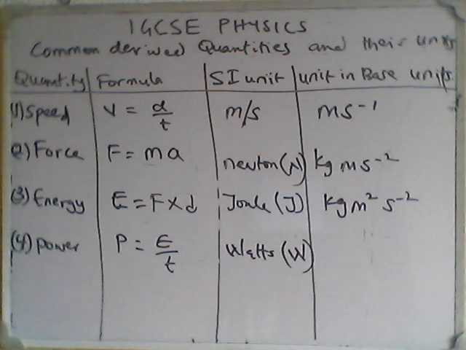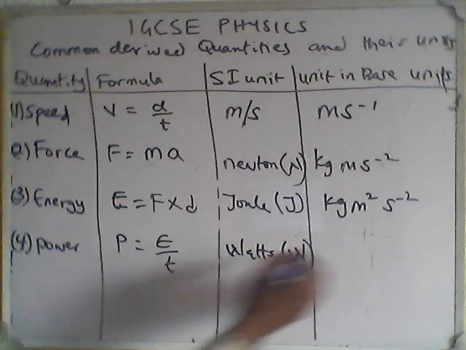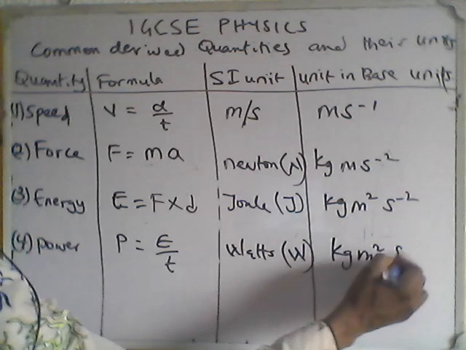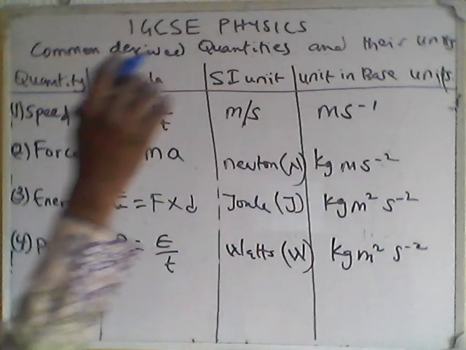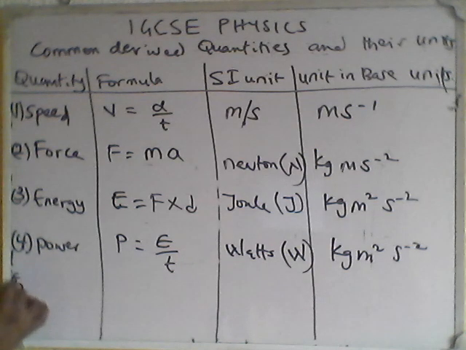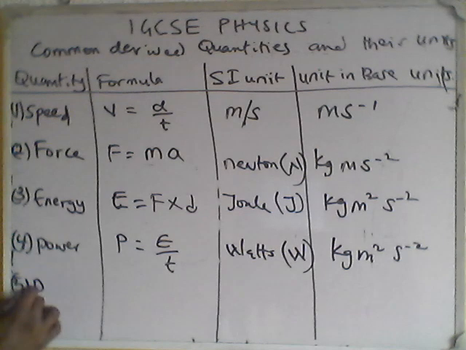But when you are doing your calculations, find your way to watts. And the units in base units is the same thing as energy, kilogram meter square per second square. All right, so the fifth one and the last for this discussion under derived quantities is pressure.